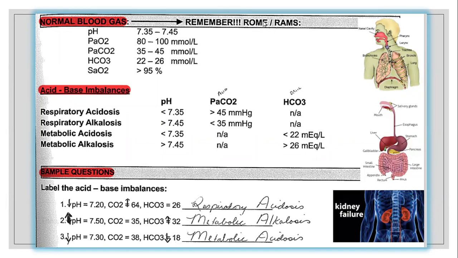ME means metabolic equal. In case of metabolic acidosis, pH is less than the lower limit, and bicarbonate is also less than the lower normal limit. In metabolic alkalosis, pH is more than 7.45, and bicarbonate is more than the upper limit. So it is called the ROME method.